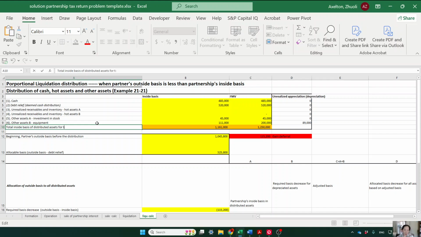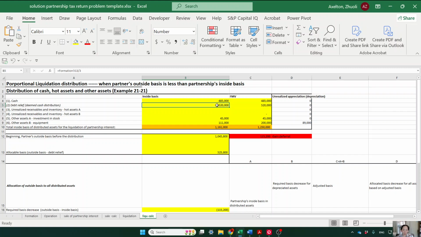So this $520,000 also needs to be included here because you have to look at everything distributed from the partnership to the partner.